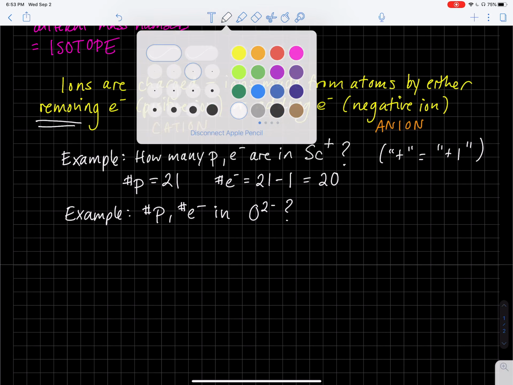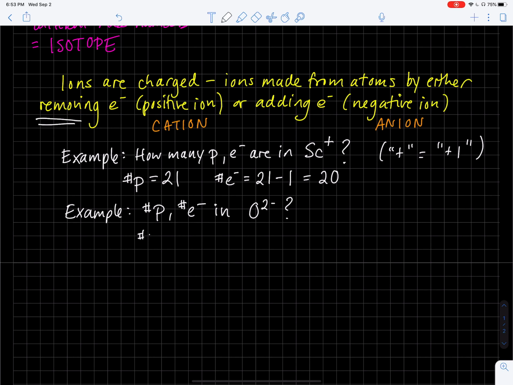So that tells us that the number of protons, anytime I have oxygen in any form, is 8. The number of electrons, well, it started at 8 for the neutral, but in this case it has a -2 charge. So I had to add 2 negative charges, and I end up with 10 electrons.